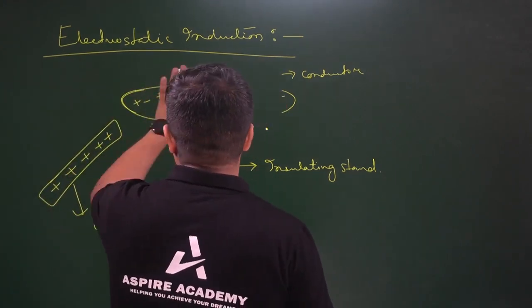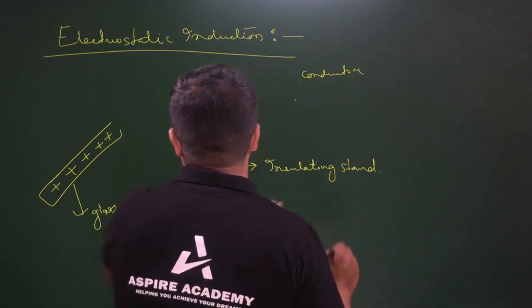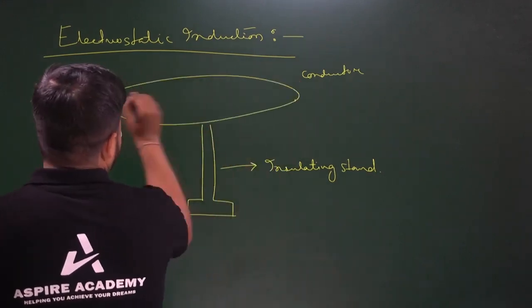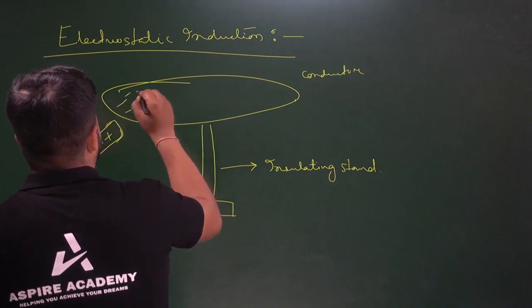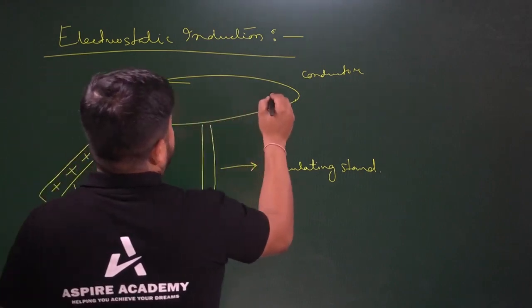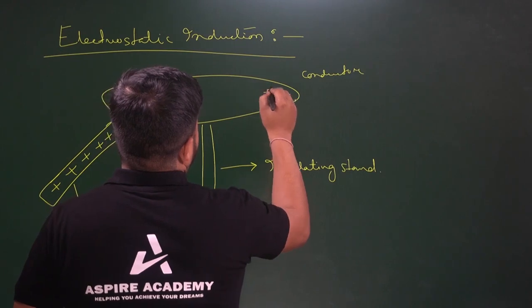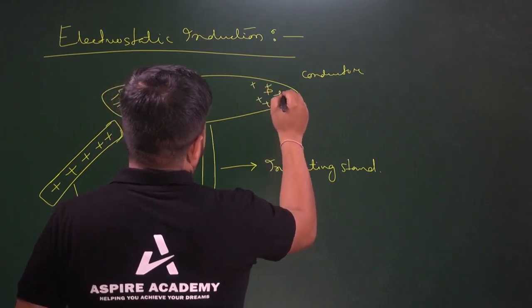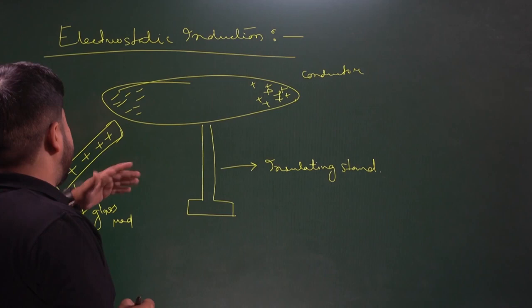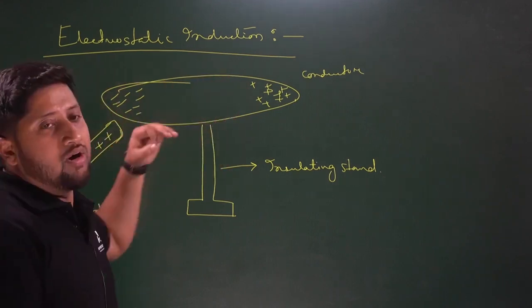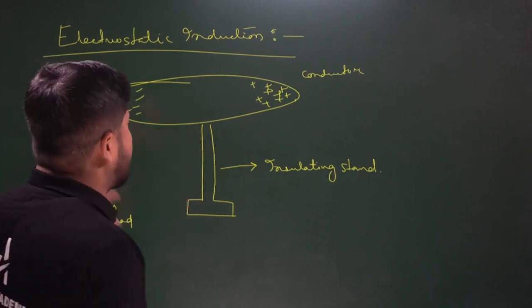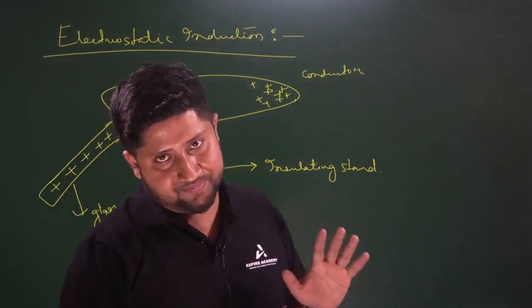Due to the attraction and repulsion, negative charge is accumulated here, and positive charge is accumulated here in this conductor. It is a temporary process: if we remove this positively charged glass rod, then automatically all the charges are dissipated. So this process is called electrostatic induction.